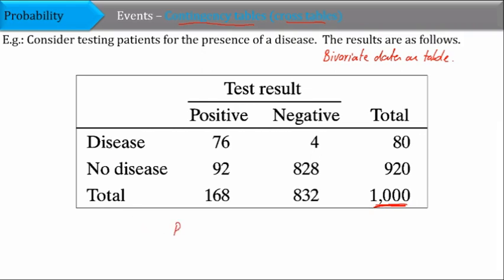If we take one person, let's write here person 1, then person 1 can be described by two things, x and y, and x will be the test result and y will be whether they have the disease or not.